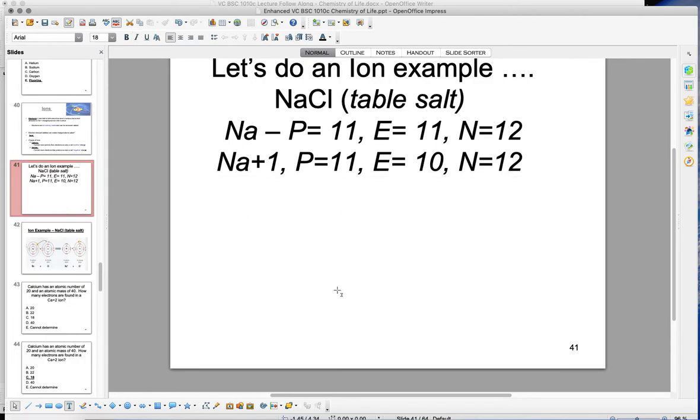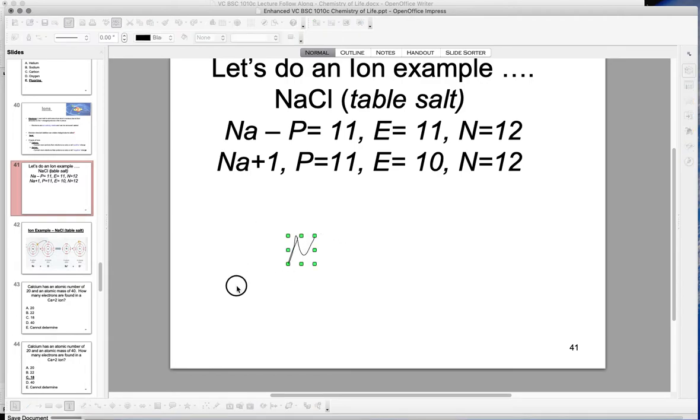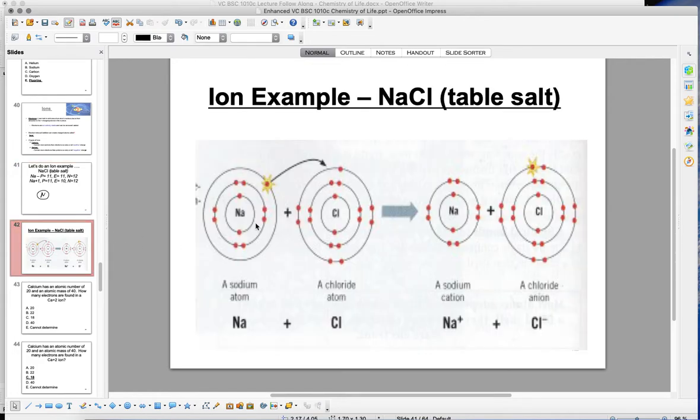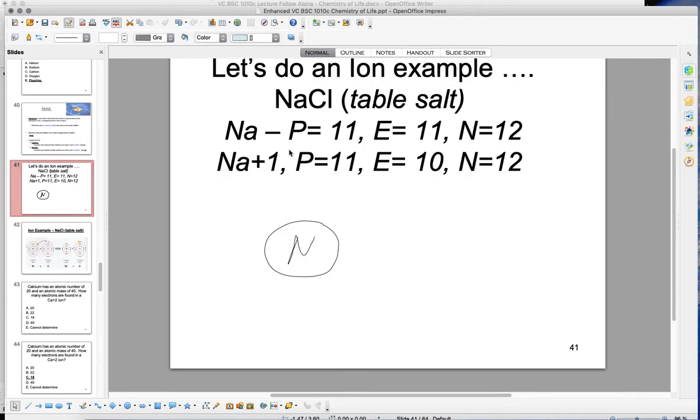Here, originally we said that the protons and electrons of sodium are 11.